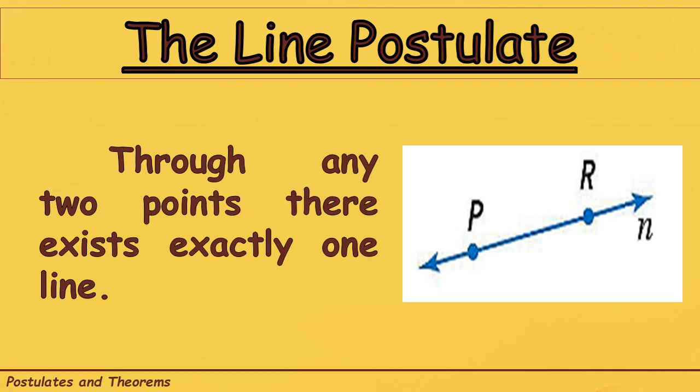Kung makikita natin, meron tayong points P and R. At yes, tama yon. Ang points P and R ay nasa iisang line lamang. Points P and R exist exactly in line N. Nasa line N ang dalawang points na ito. And this is known as the line postulate.